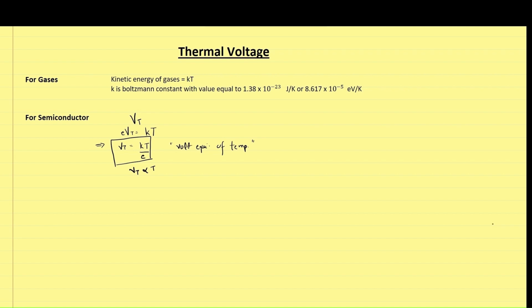We know Boltzmann constant and charge on an electron both are constant parameters, and after applying the numerical values of both these parameters, we will get thermal voltage equal to temperature in Kelvin divided by 11600 volts. At room temperature, when T is 300 Kelvin, the approximate value of thermal voltage is 26 millivolt.